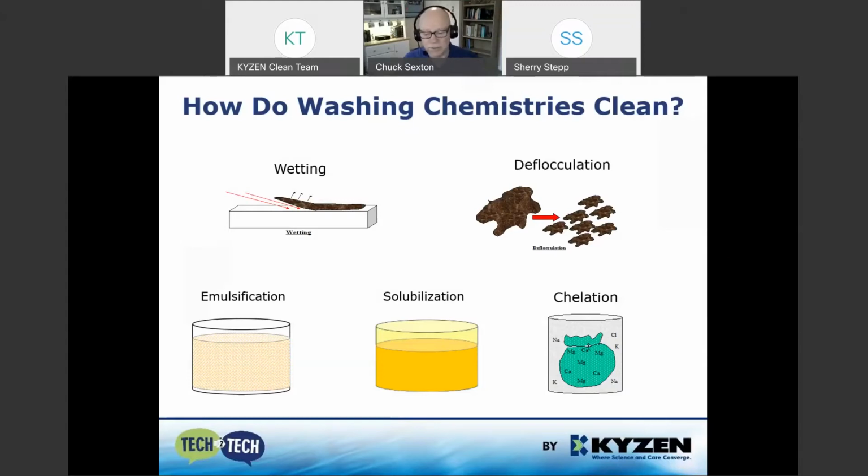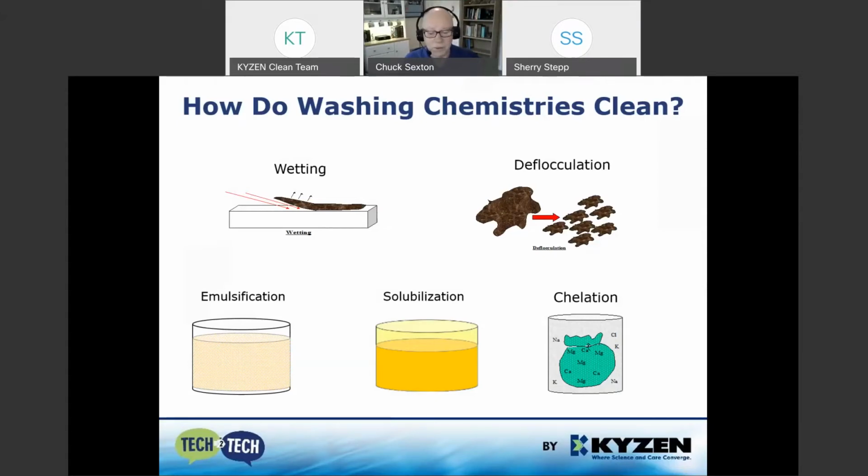Deflocculation is a process of taking larger particles or droplets and breaking them into smaller particles where they're more easily removed. Emulsification is where we're tying up and dispersing oil droplets that would normally not be able to be dispersed in a water phase. Solubilization is where we're removing the contaminant by dissolving the contaminant, like salt in water.